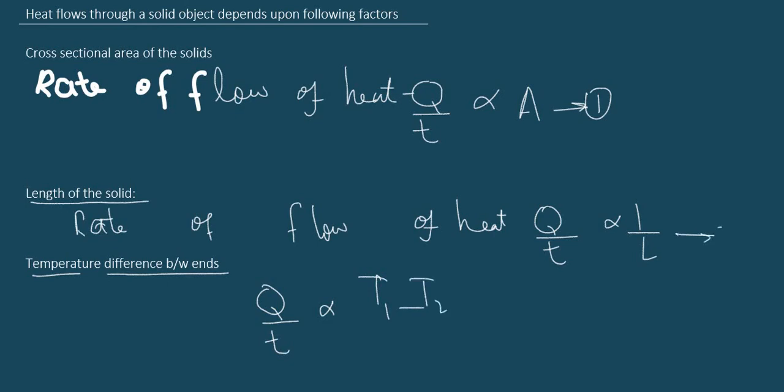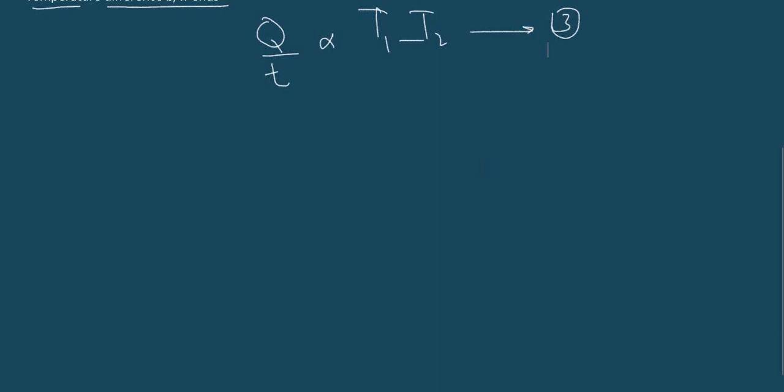We say this is equation number 2 and this is equation number 3, and if we combine these three equations, we get Q over t directly proportional to A and T1 minus T2 and inversely proportional to the length.